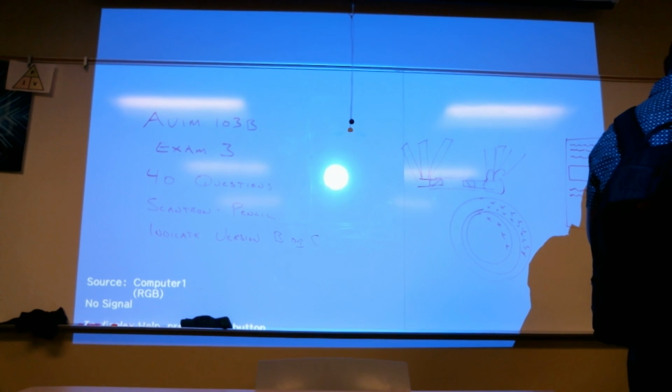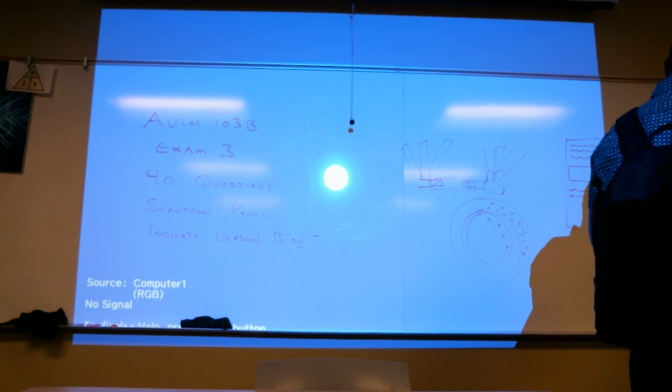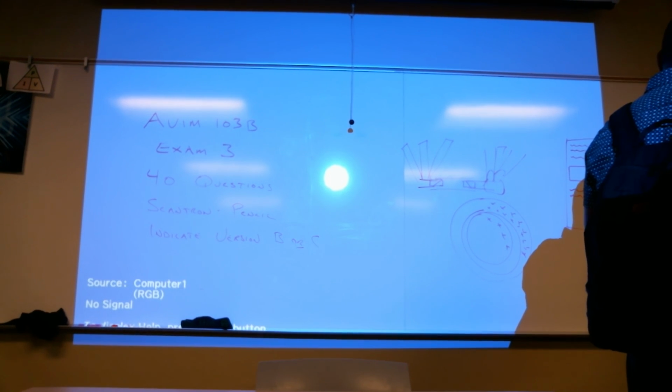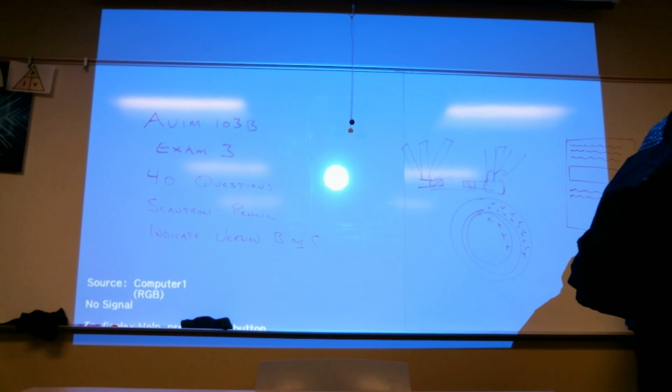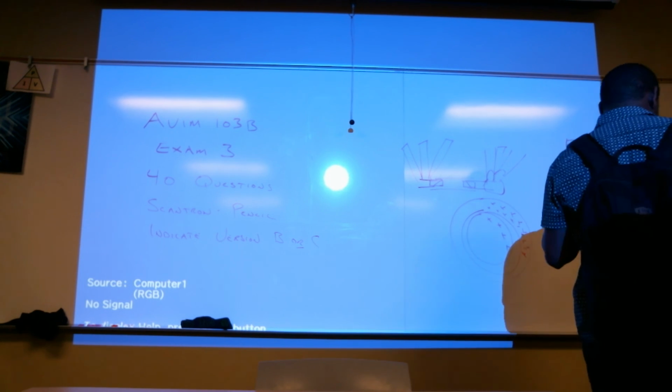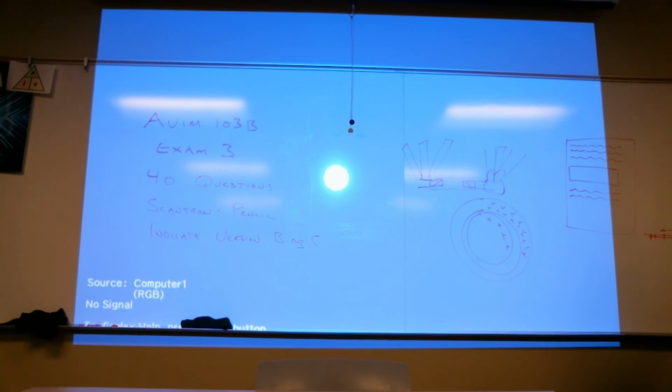Free dimension finger inspection, more dimensions. I'm not sure why he circled that. Probably he wants this, 30 degrees. I did the 30 degrees.